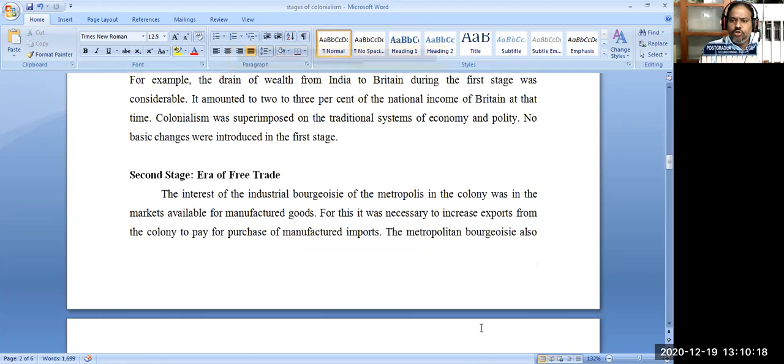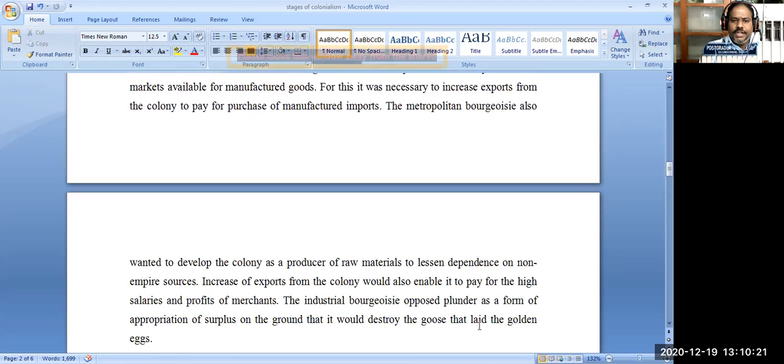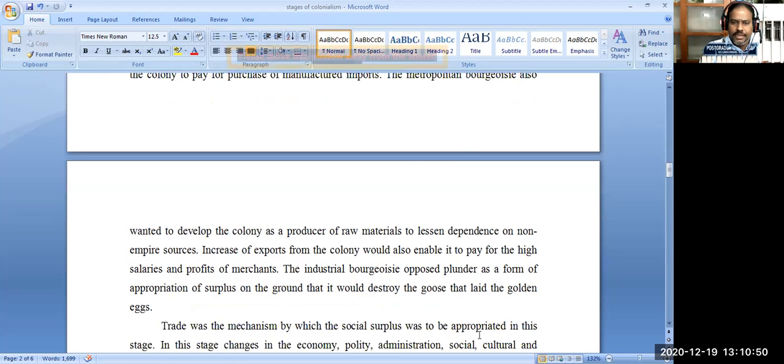The metropolitan bourgeoisie also wanted to develop the colony as a producer of raw materials to lessen dependence on non-empire sources. Increase of exports from the colony would also enable it to pay for the high salaries and profits of merchants. The industrial bourgeoisie opposed plunder as a form of appropriation of surplus on the ground that it would destroy the goose that laid the golden eggs.